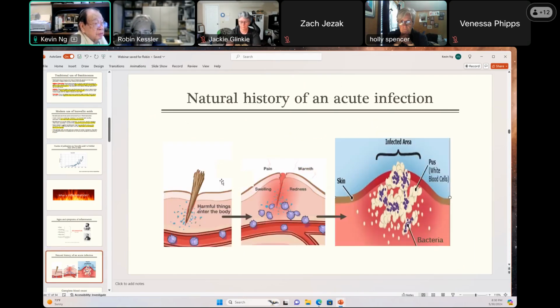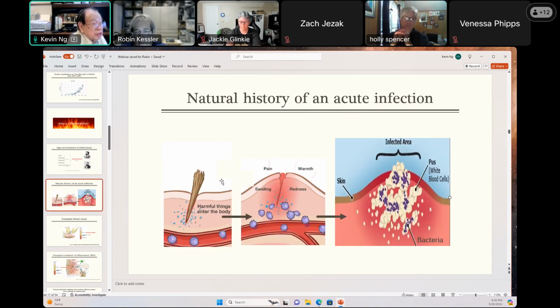Now, this is a simple illustration showing the natural history of infection. First, suppose you get a prick here. What happens? There's a swelling here. There's a pain. There's warmth, and there is also redness. And let it go on for a couple of days. You get pus.